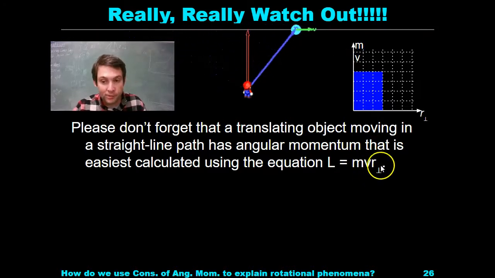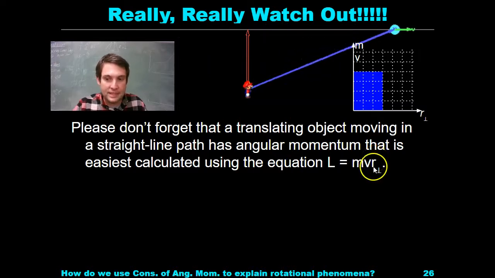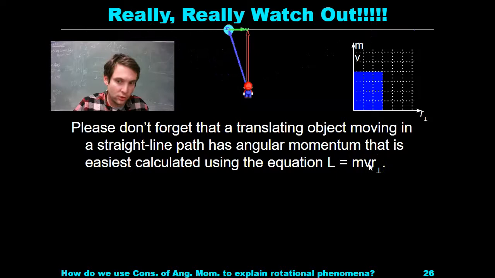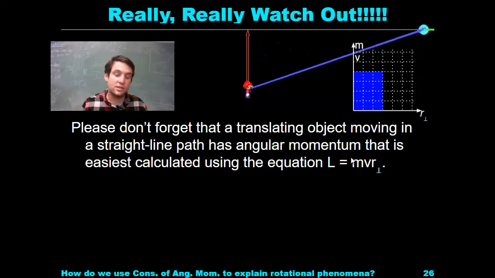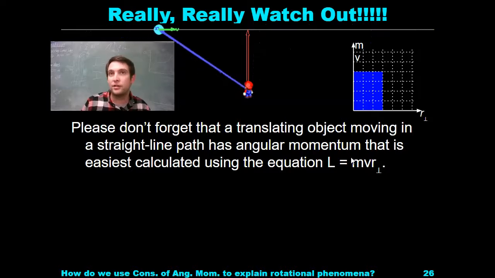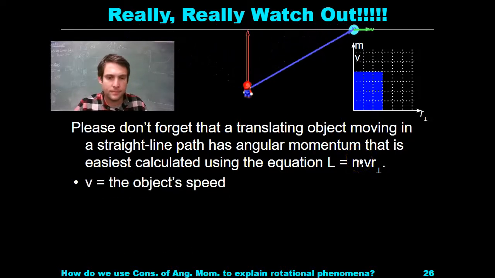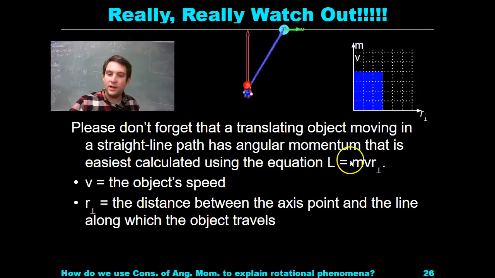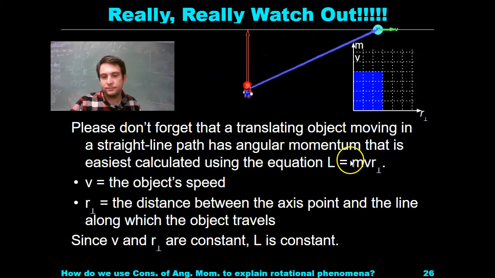Here we're multiplying the perpendicular distance to the momentum. You just have to realize that that distance has to be perpendicular to the velocity. The distance between the axis point and the line which the object travels. Because v and r are constant, L will be constant.